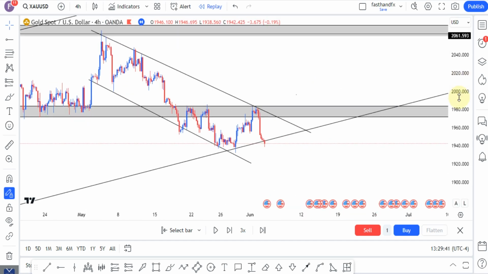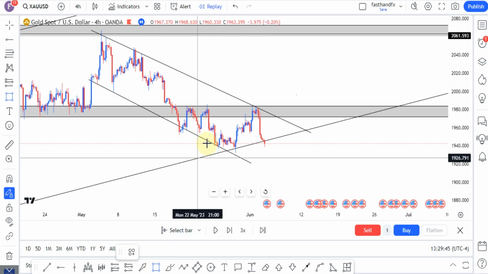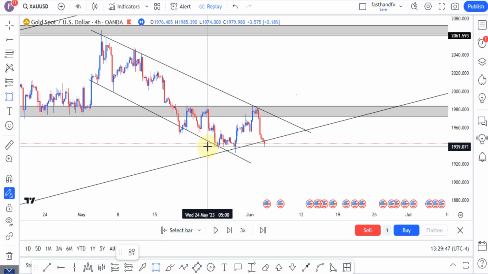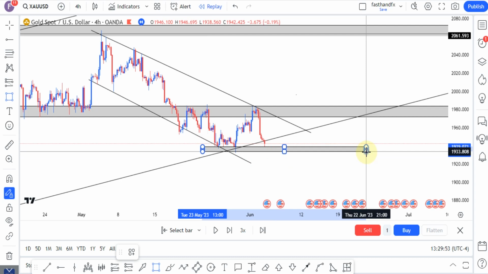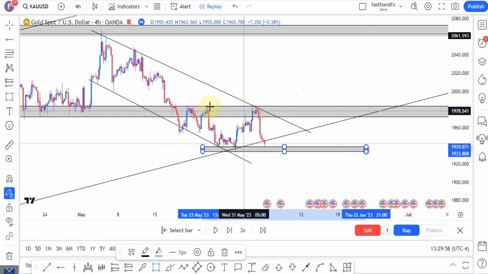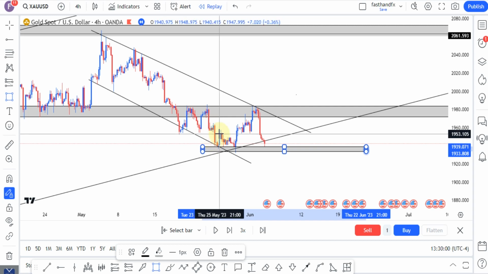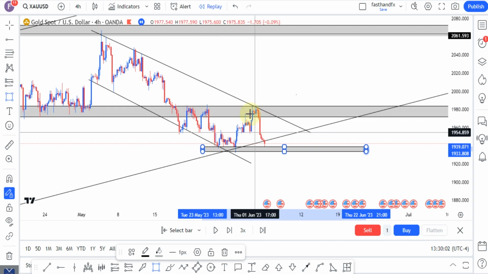So when you look at this, this was our trend line. This was another area of interest down here. And this is another one.